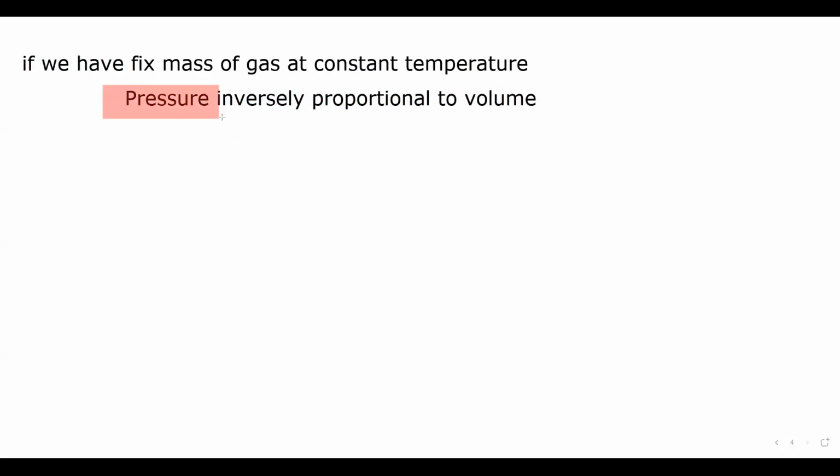So if we increase the pressure, the volume of the gas decreases, or if we decrease the volume, the pressure of the gas will increase. And whenever one quantity is increasing, the other is decreasing. So the term we use is inversely proportional. How can we represent inversely proportional quantities? With a graph.